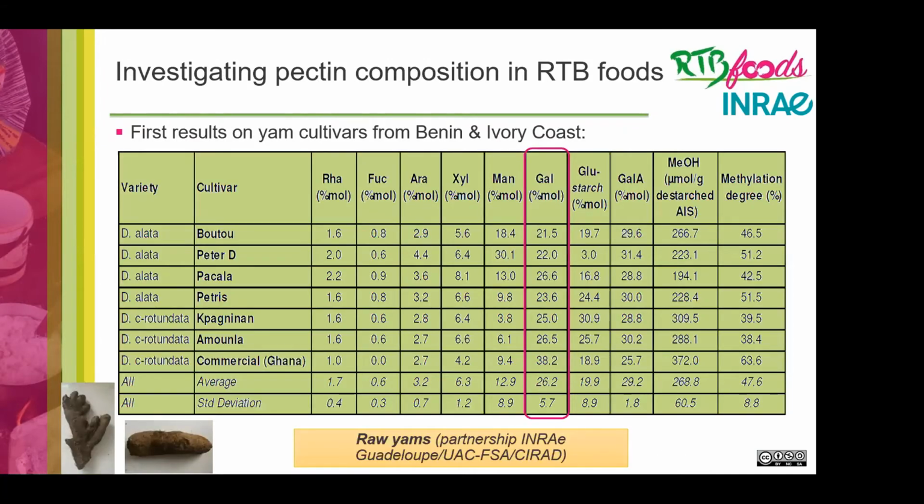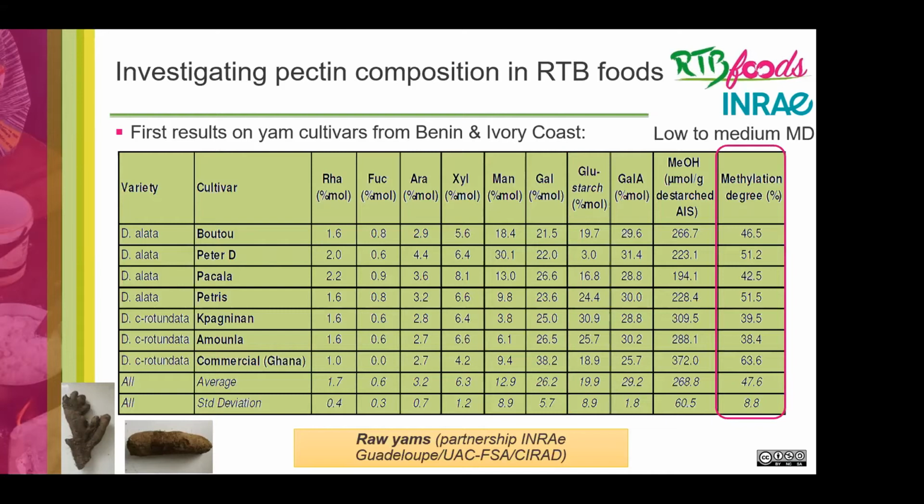So we started to characterize some yam cultivars from Benin and Ivory Coast, and we did not see that much of a difference between the varieties in galactose nor in galacturonic acid. What we saw and what was really interesting was that we had a low to medium methylation degree.